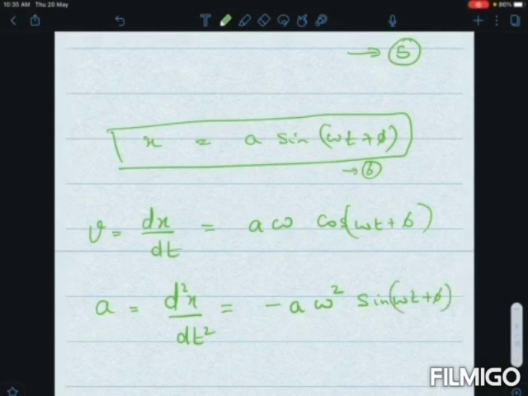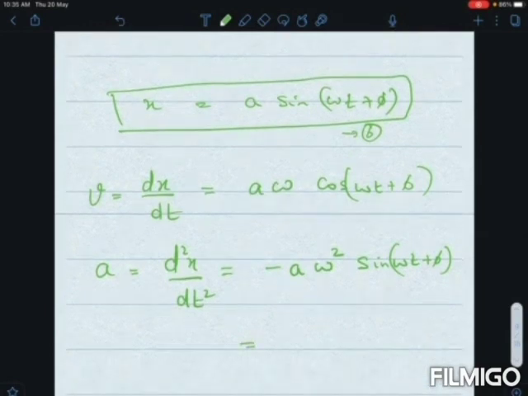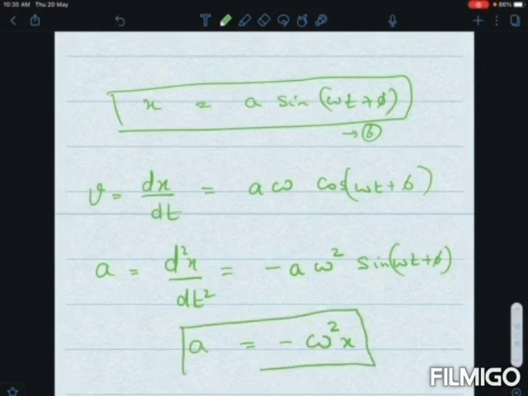Phi here is a phase. Now a sine omega t is nothing but your x. So this can also be very well written as minus omega square x. So this is your acceleration. So let's put this as equation number 7.